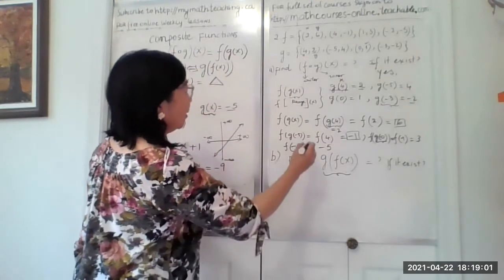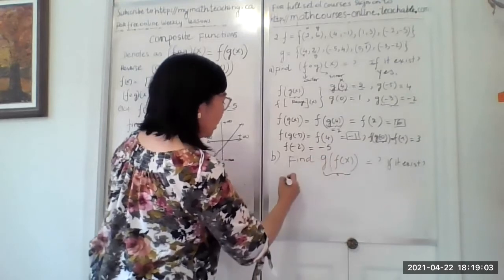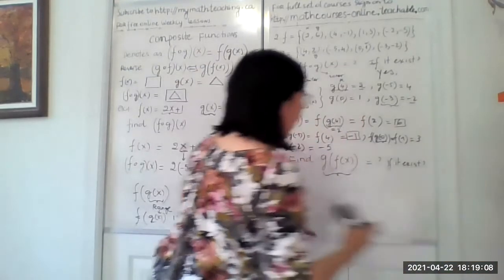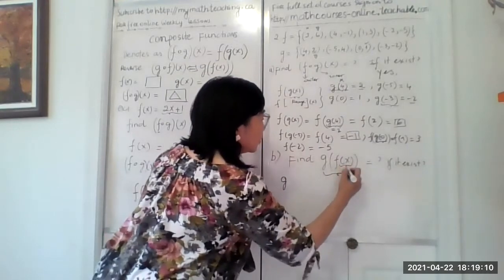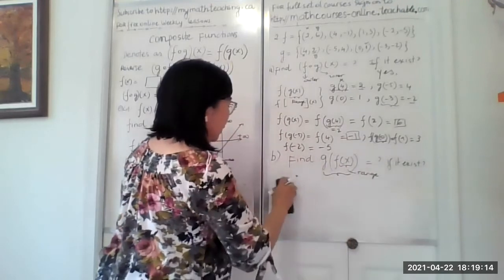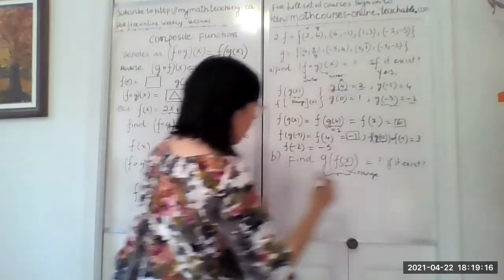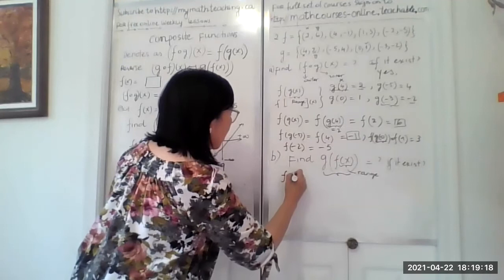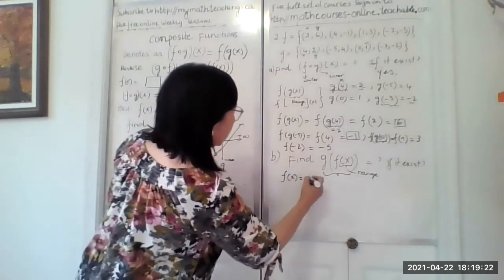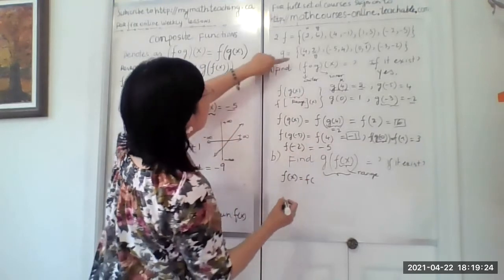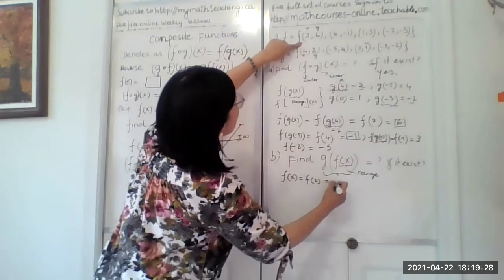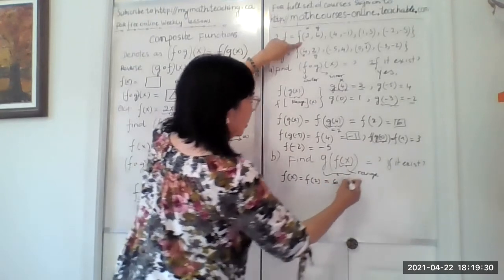Now we follow that g is the outer function, right? So let's find the range of f of x first, right? This is the range, the range of f of x. So let's list all of that first. The range of f of x, which is f of 2, right? Let's list that. f of 2 equals 6.